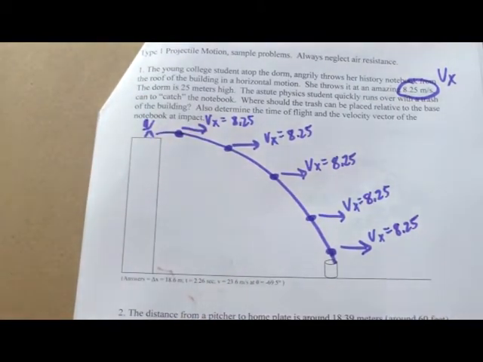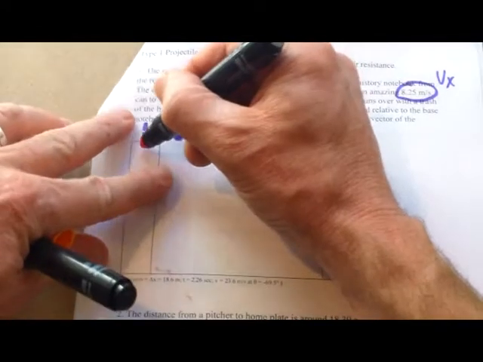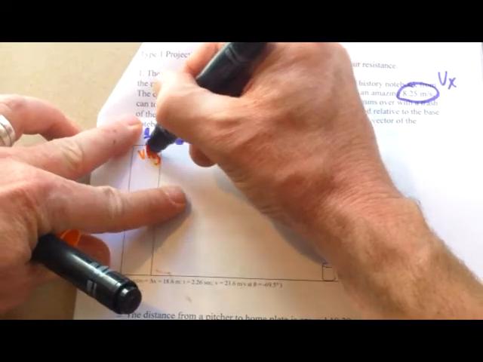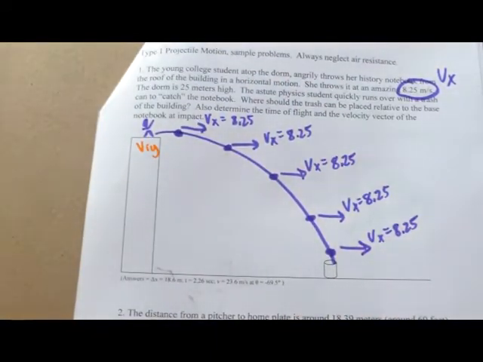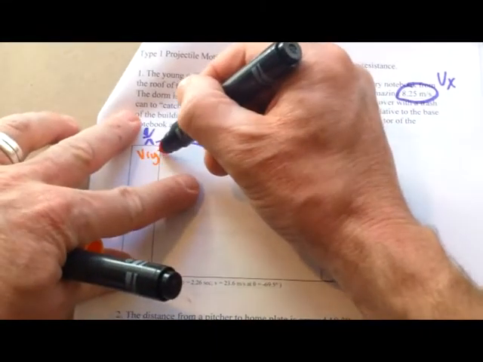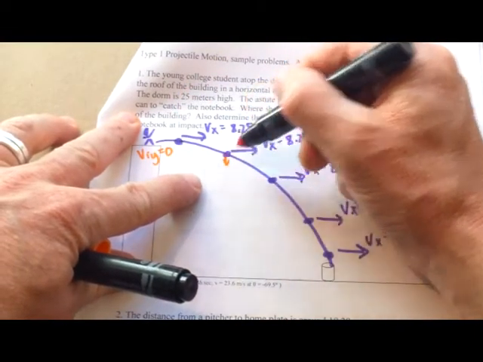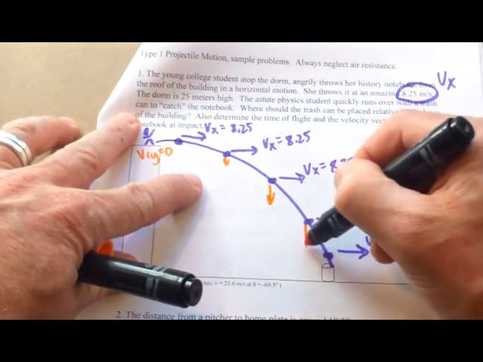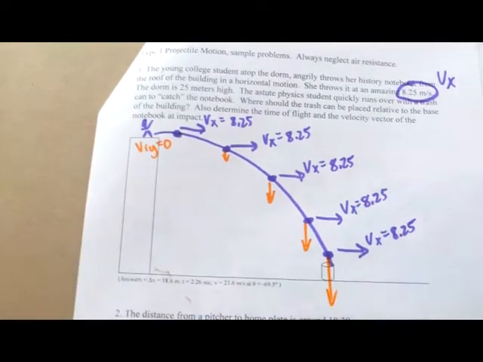Now, what's going on then in the y direction? Well, there's no up and down velocity at the beginning. So we can say the initial velocity in the y direction, V sub iy, is 0. But that velocity grows over time, right? Why is that velocity growing over time?